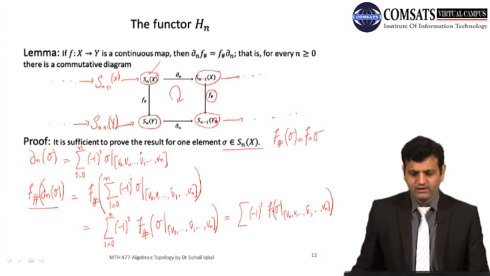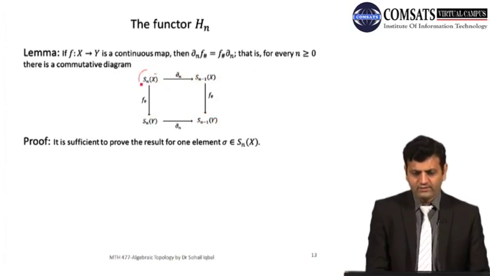Now let's see what will happen if we follow the other route. We have an element sigma over here, so let's apply f hash on this. Basically this is just equal to f composition sigma, and then I want to calculate the boundary of this.